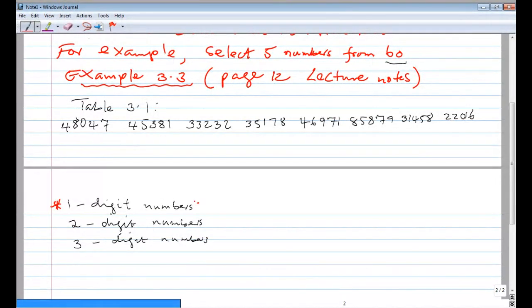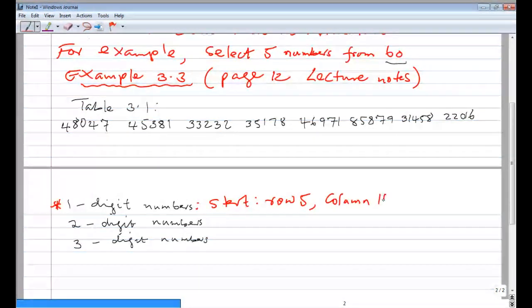In this case, let's say we consider row number 5 from table 3.1, and column 16.